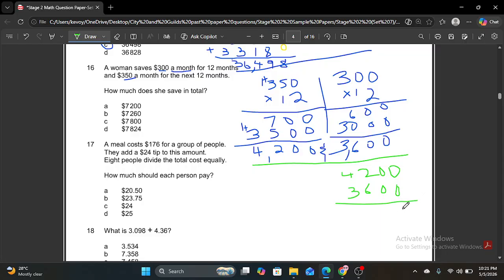So let's add them together quickly. So that's 0, 0. 6 plus 2 is 8, and 3 plus 4, that is 7. So 7,800. So the answer is C, 7,800.